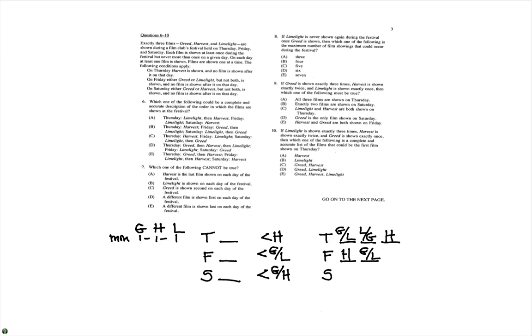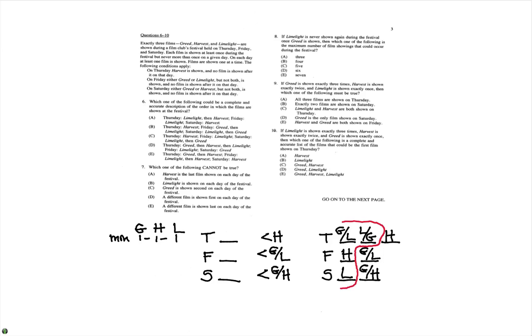One is in, the other out because, again, it says not both. And then the only other remaining variable would be Limelight. But the key here is that this is the maximum scenario. We know nothing about whether this portion is actually present. We just know we must have Harvest on Thursday.